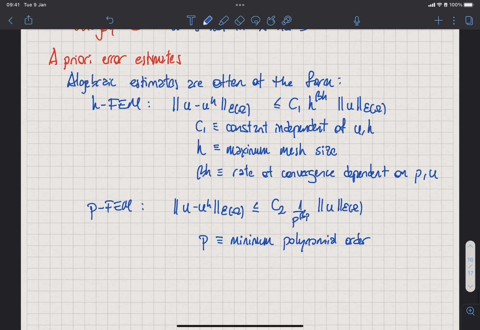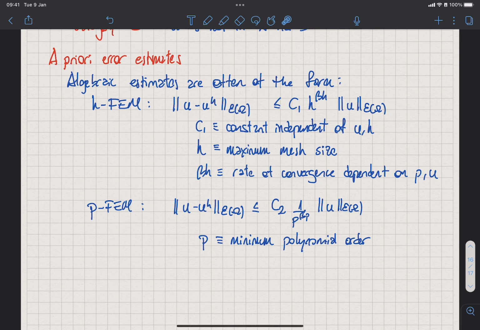And keep in mind that you can rearrange this term. If I take this term and send it to the other side of the inequality, then you have a relative error in the energy norm. This is the way we sometimes compute the error when solving the problem; normally we compute a relative error in energy norm.